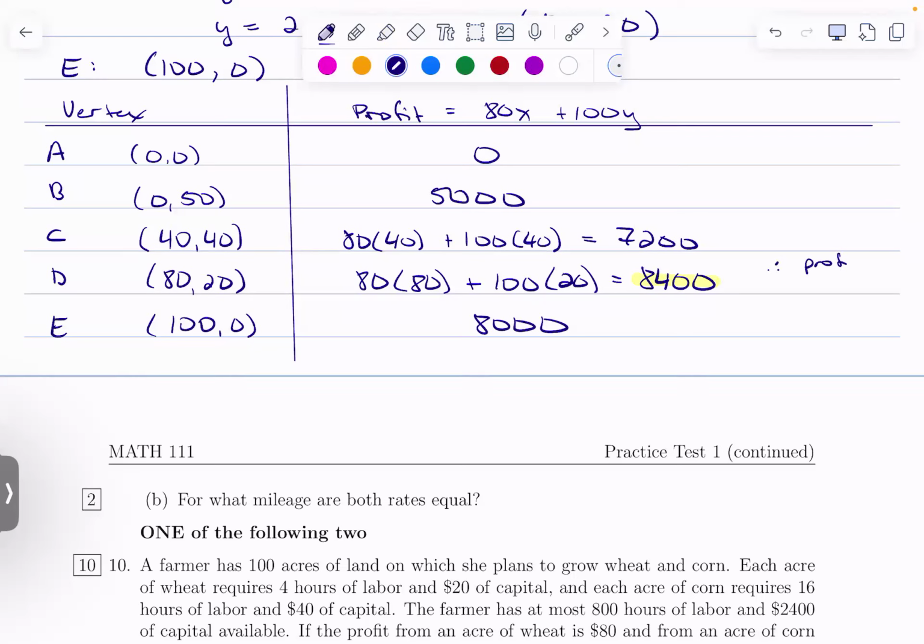Therefore, profit is maximized at 8,400 at x equals 80 and y equals 20.